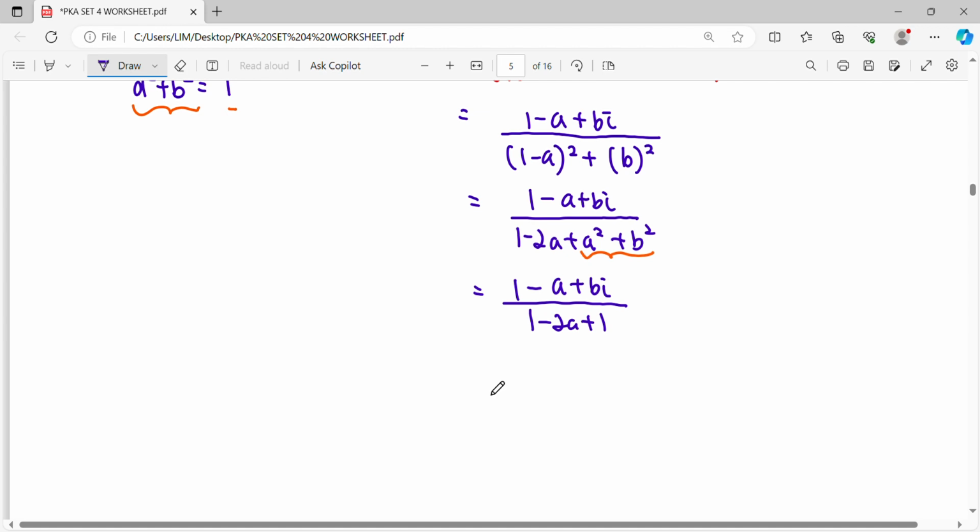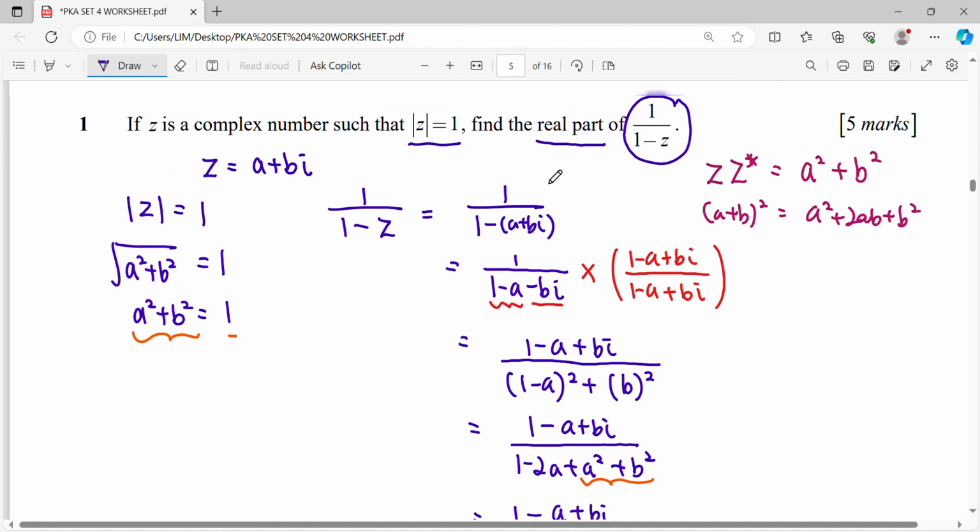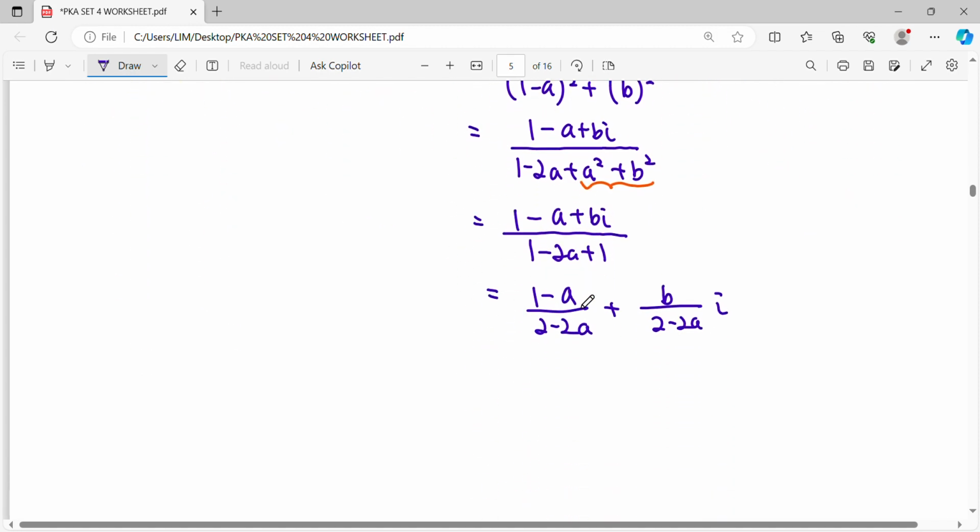What is your division result? It has a real part and an imaginary part. The answer: real part is 1 minus a over 2 minus 2a, and imaginary part is b over 2 minus 2a, i. The question is, what's the real part of this division?